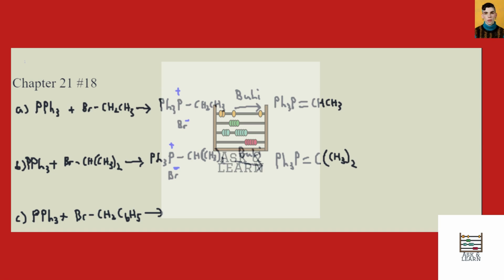The benzyl bromide. It's going to get us here to this intermediate once again. And then treatment with butyllithium again will get us to our Wittig.